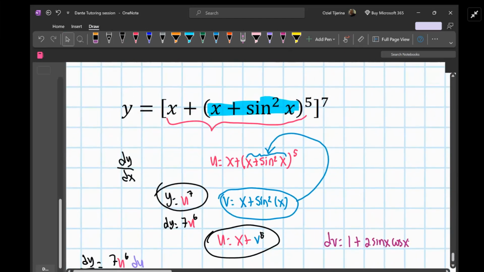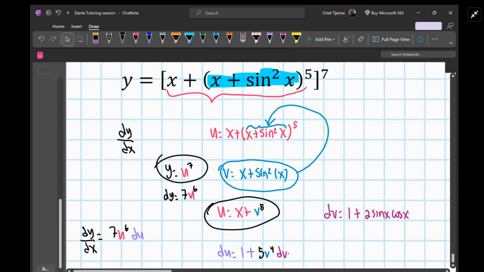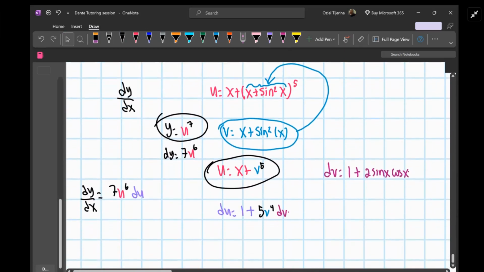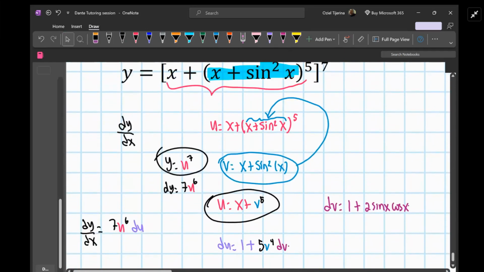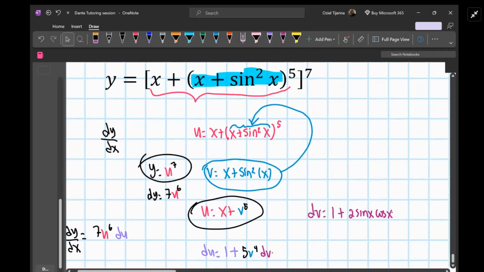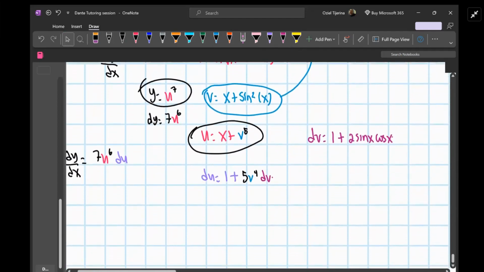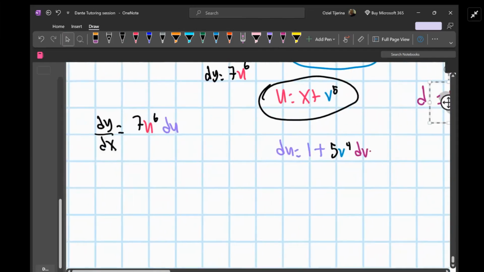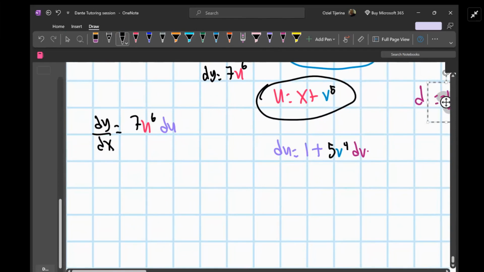So really, what I have is the following. y is u to the 7th. I know that du is 1 plus 5v to the 4th dv, and that dy is 7u to the 6th du. So really dy dx, I'm going to just complete this here.